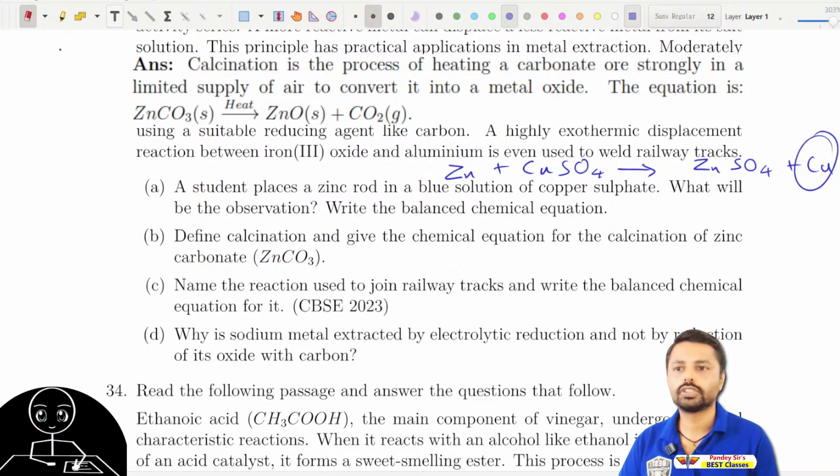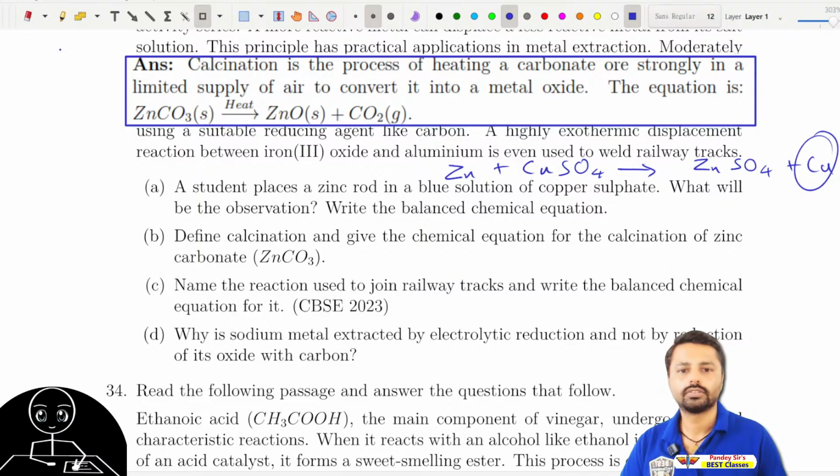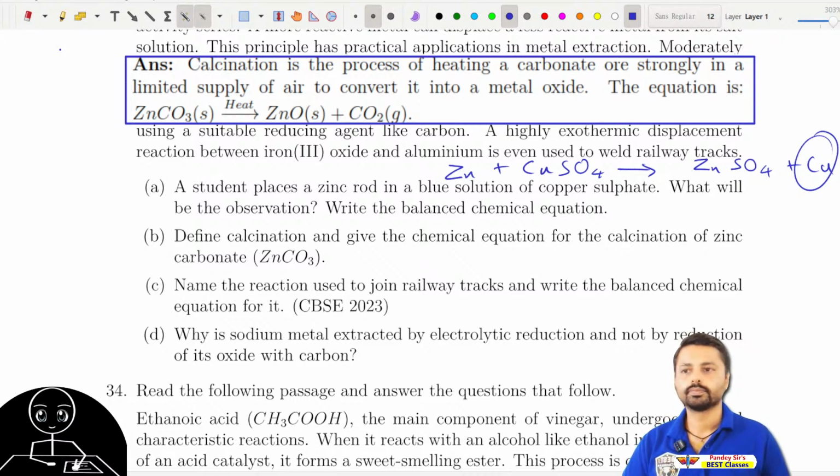I'll make a box so that you will understand. It will be easy and nice. That seems good. Calcination thing done.